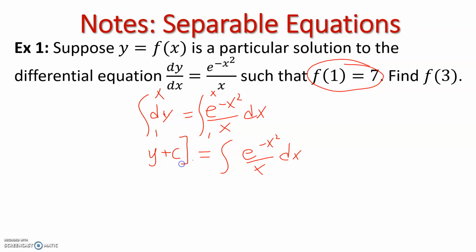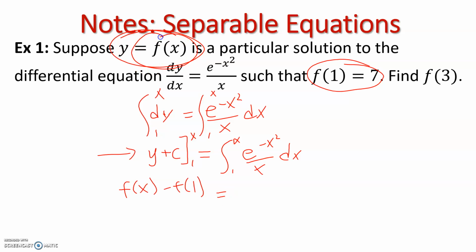And then what happens is we will have on both of these this definite integral, and we'll notice that y is f of x. So this integral over here, this y plus c from x to 1, is literally going to be f of x minus f of 1, because the c and c will cancel.